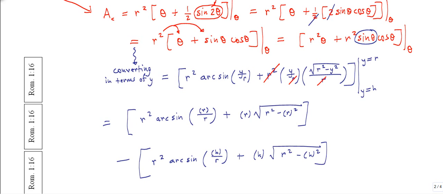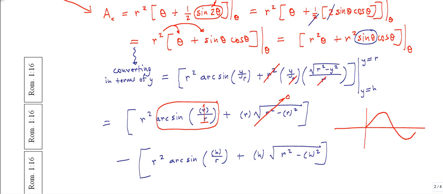And now we notice a couple of things. First of all, I think the first thing that we see is r squared minus r squared is going to be 0. So that term is gone. The second thing we notice is that the arc sine of, basically this is 1, okay, the arc sine of 1, let's remember what that would be. We can draw a little picture of the sine curve.